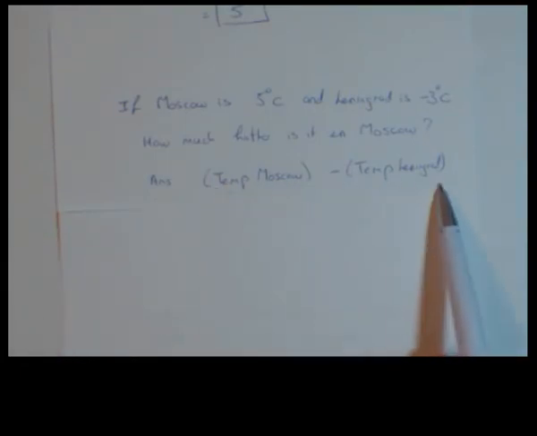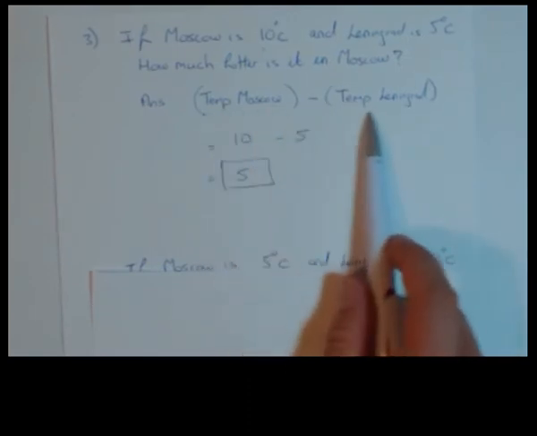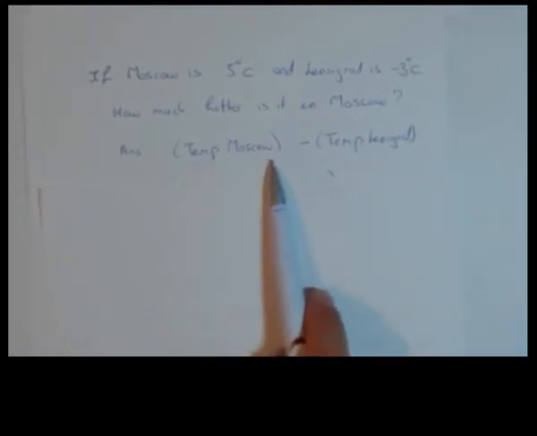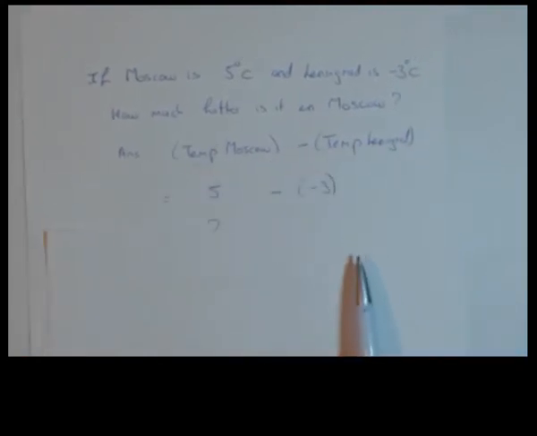This is when it's useful to have a formula. So if you create a formula with numbers that you understand, then you can use the formula with numbers that are a bit different. So it's the temperature in Moscow less the temperature in Leningrad, which is 5 degrees, take away negative 3 degrees. But the question is, what is that? No idea what 5 take away negative 3 is.